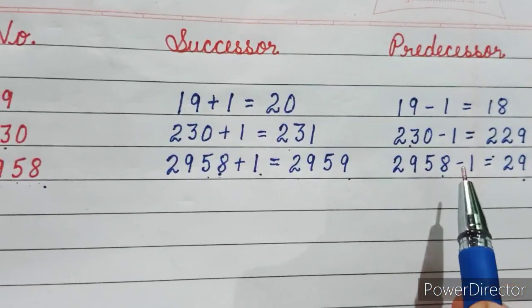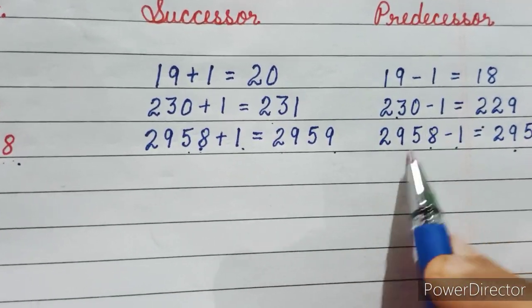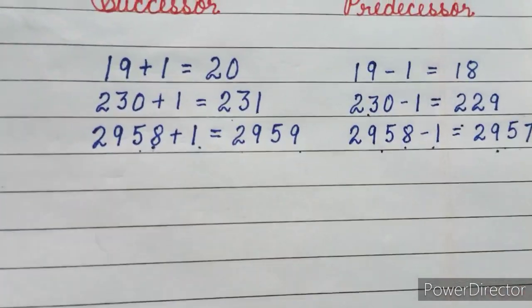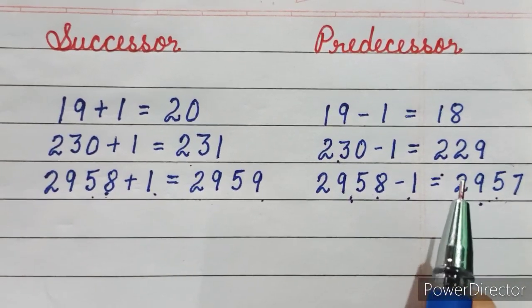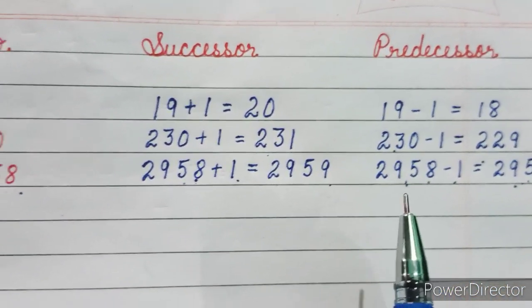Children, it simply means by subtracting 1 from the number, we can easily get the predecessor of that particular number. I hope this topic is clear to you. Okay.